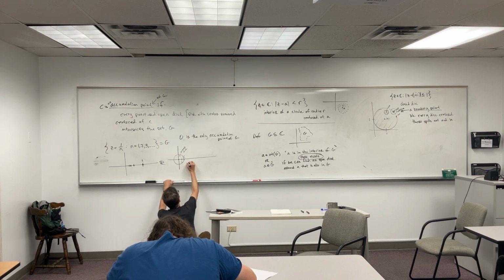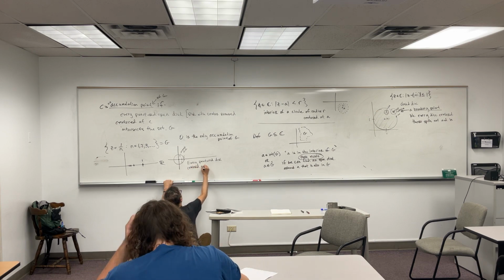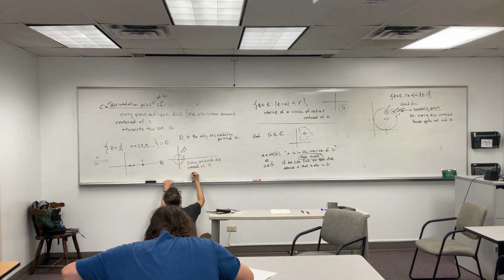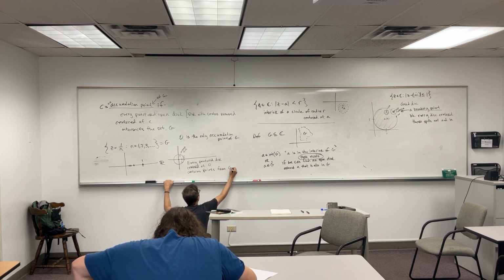So every punctured disk centered at 0 contains points from G. And that fits the definition of an accumulation point.